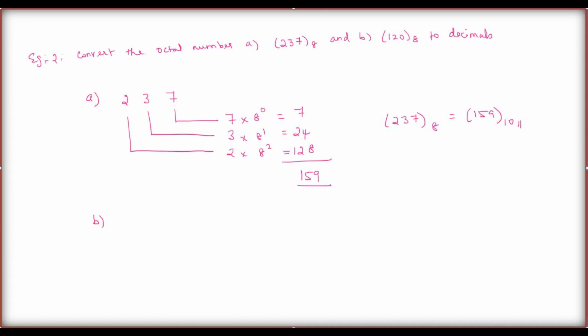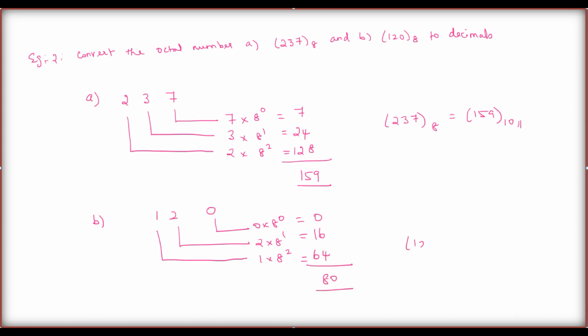Then next B, 120: 0 into 8 power 0, then 2 into 8 power 1, then 1 into 8 power 2. 0 multiplied with everything is 0, then 8 power 1 gives 8, 8 twos are 16, then 64 into 1 is 64, and we get 80.